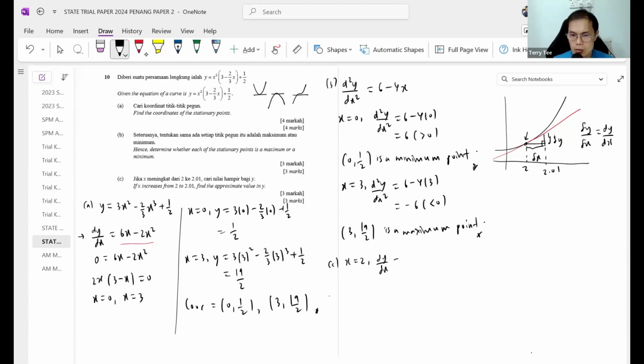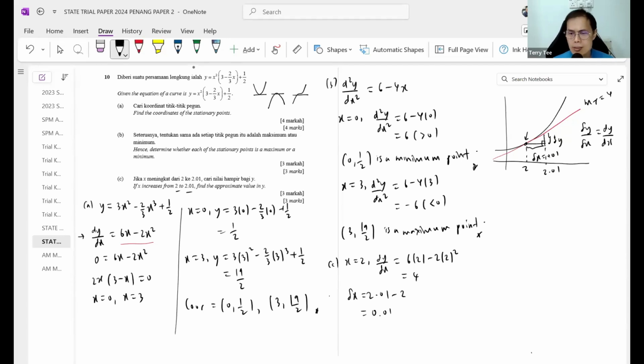So your gradient dy/dx is 6 times 2 minus 2 times 2 squared, which is 12 minus 8 equals 4, meaning the gradient of this line is 4. Now, next, let's find out our delta x. When you increase from 2 to 2.01, we take 2.01 minus 2, the difference is 0.01.